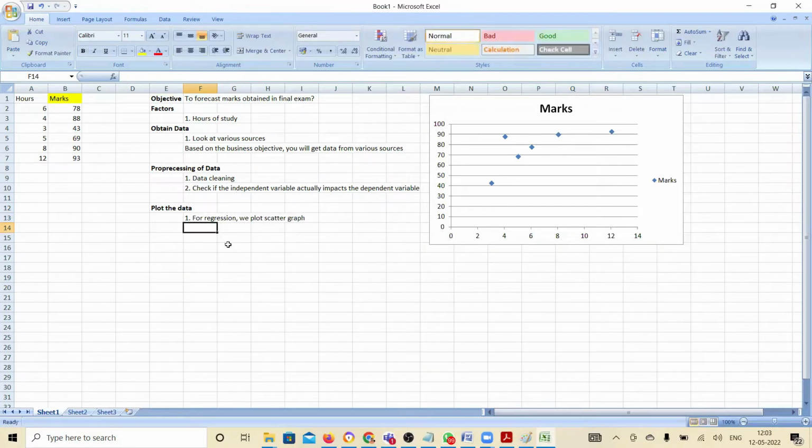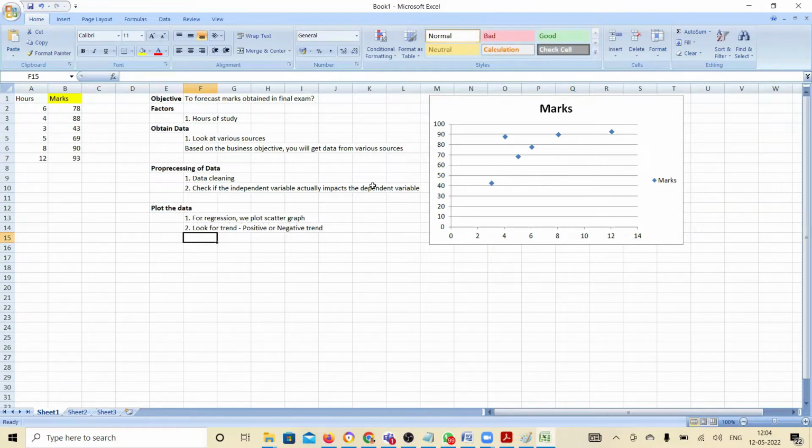For regression we plot a scatter graph. So this is our scatter graph, and then we look for a trend. Positive or negative trend. Positive means correlation. I think you must have done this in correlation.